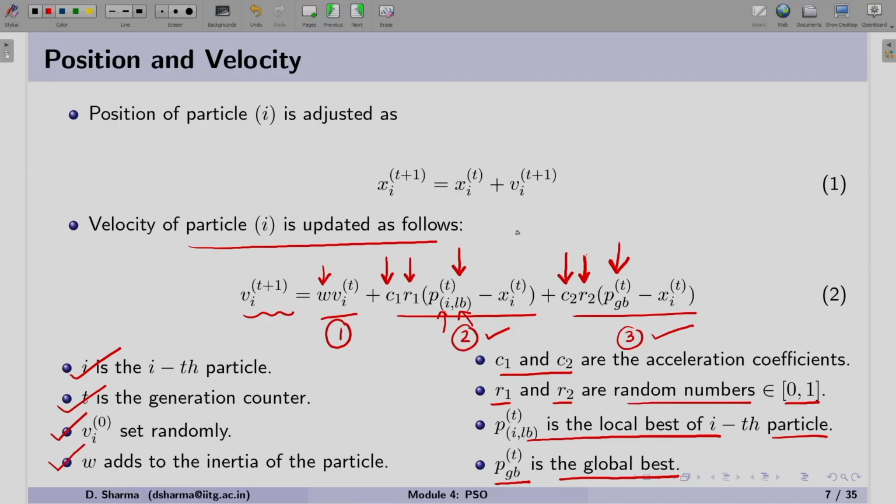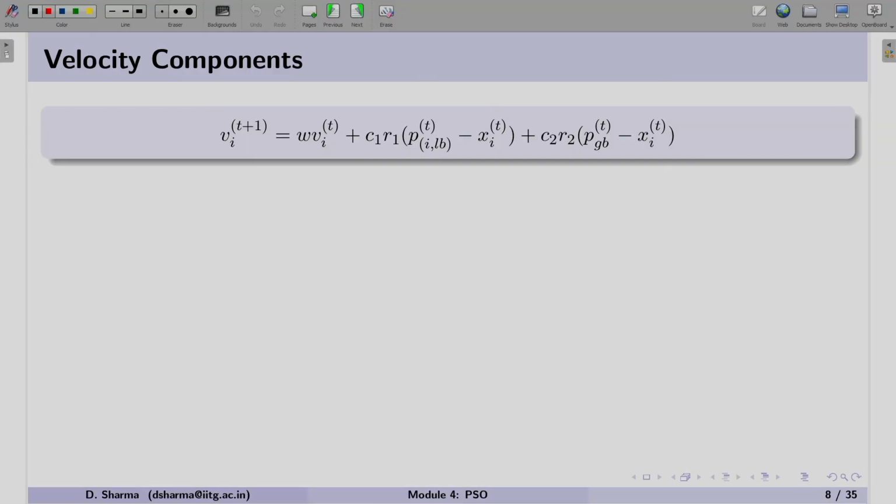Now, apart from that, XIT in equation number 2 is the current position of the particle. So, let us understand the velocity component in the PSO. Since it involves 3 components, as you can see in the slide, let us understand all of them one by one.